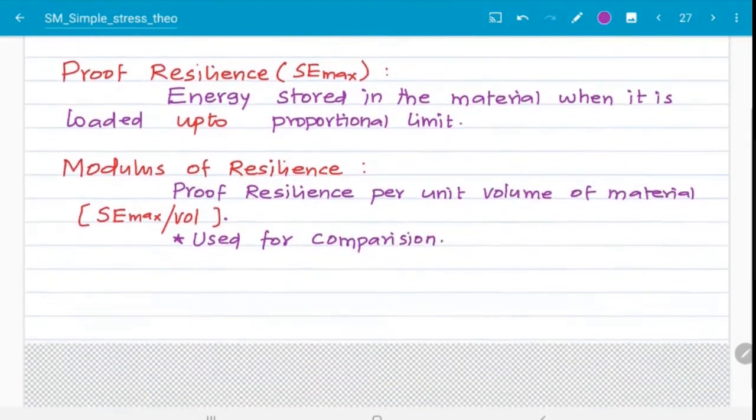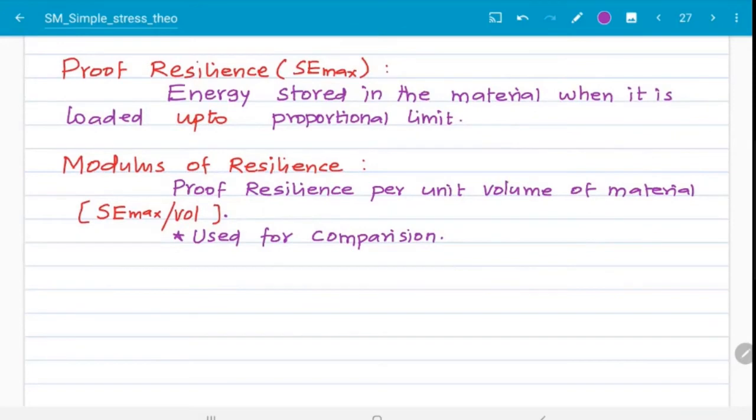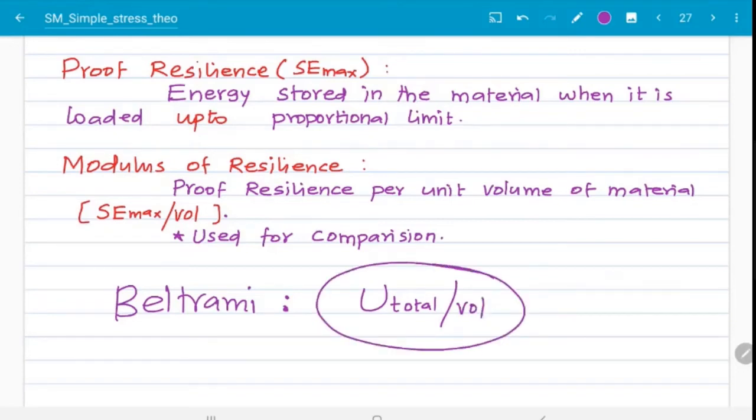So example is out of 5 theories of failure, the last 2 theories of failures are based on the strain energy. Right? The fourth one is Beltrami theory. Right? So Beltrami theory of failure, they are using the parameter of total strain energy per unit volume of material. This parameter is used for comparison purpose.